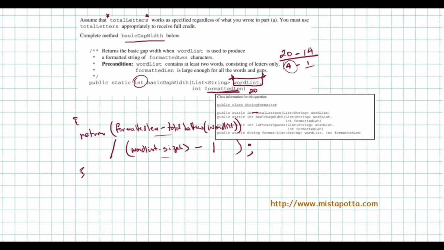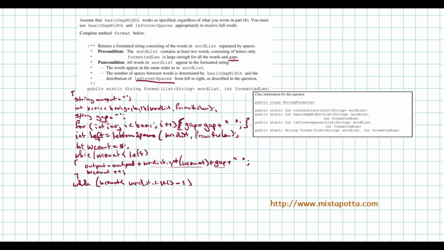So I'm going to go back to my code, and these are going to be adding everything but that space. So I'm going to say output gets output plus wordList.get, whatever word count is, plus gap, and then word count plus plus.